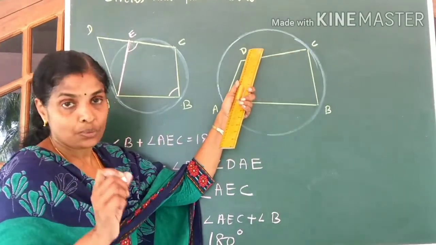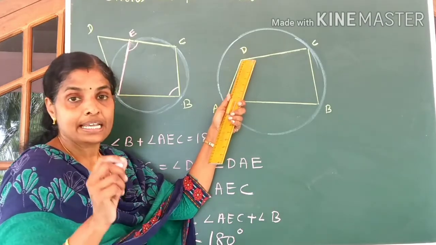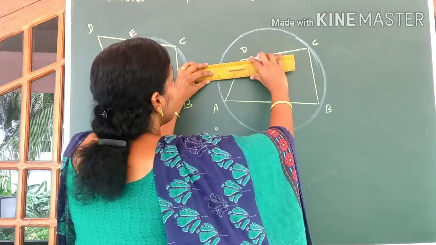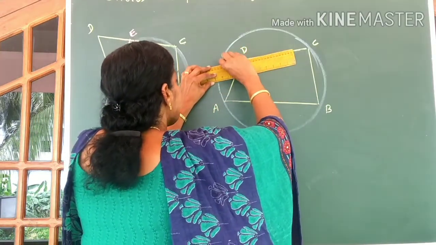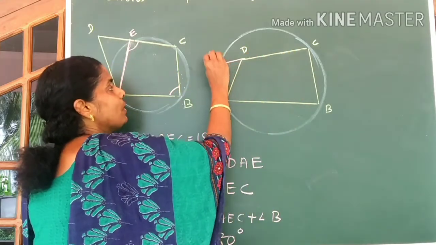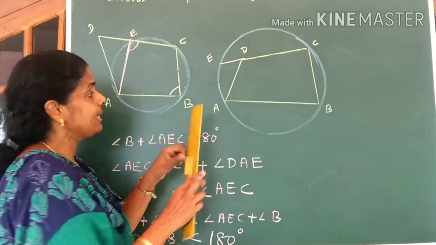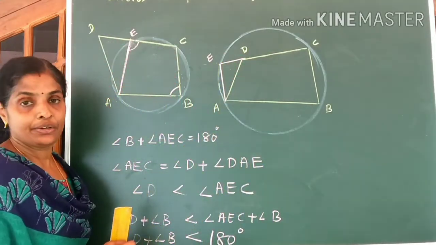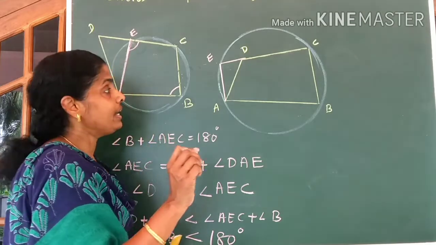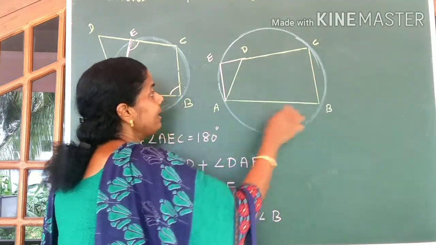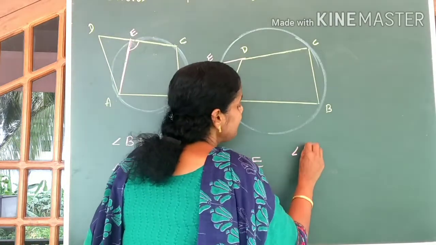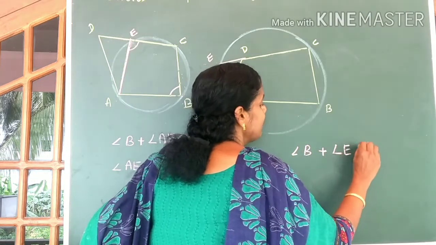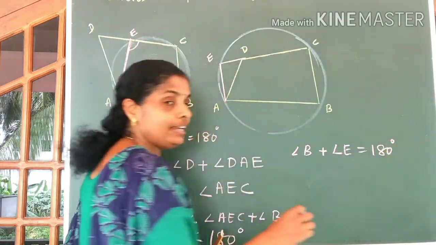Come to the next figure. ABCD is the quadrilateral where D is inside. So let us extend D to a point so as to meet the circle at the point E. Join A to E. Okay, in the same way now we can say from the figure we can understand angle B plus angle E is equal to 180 degree.